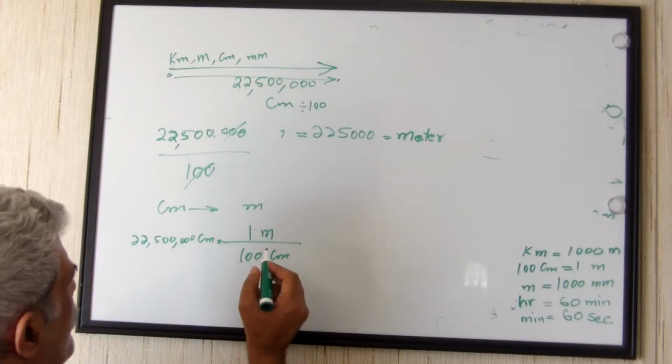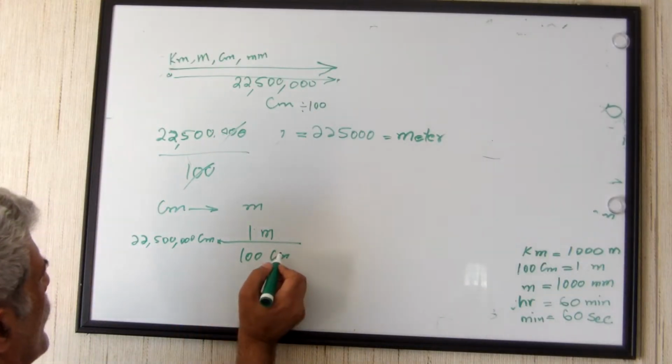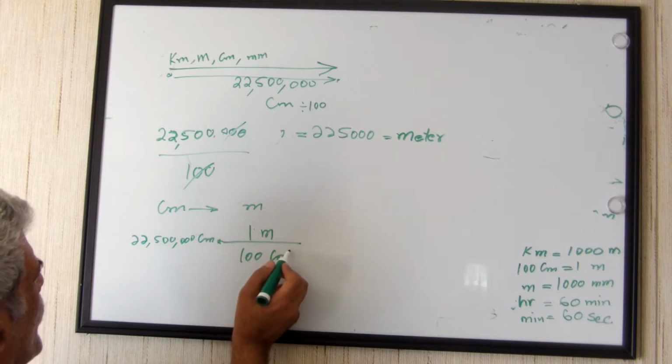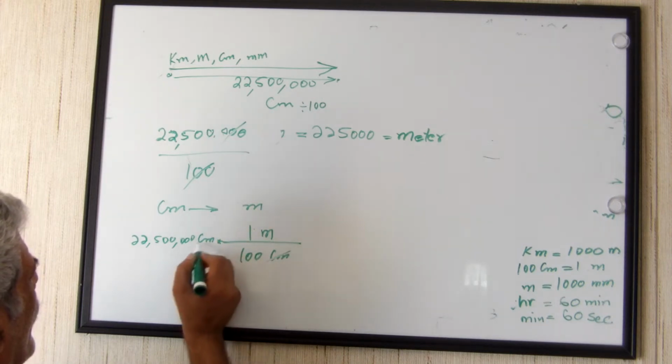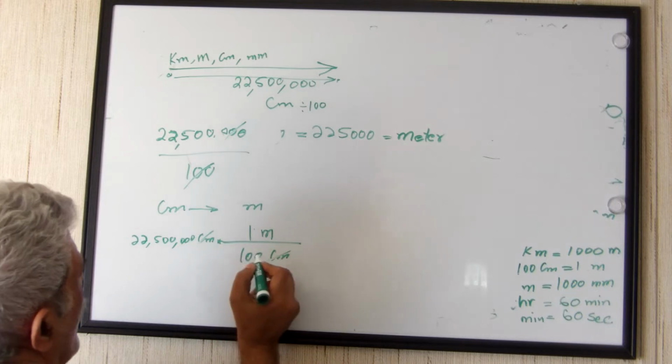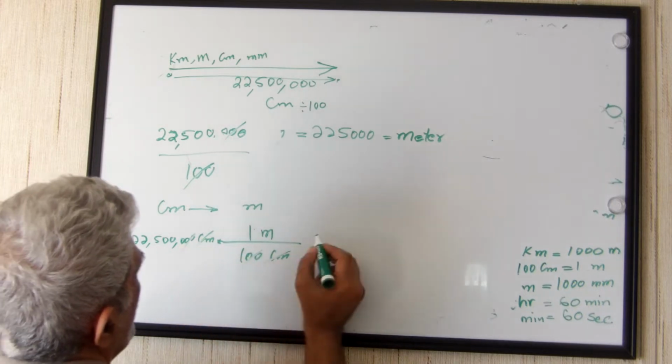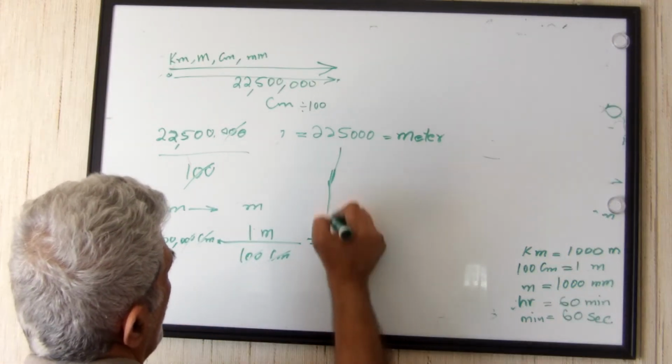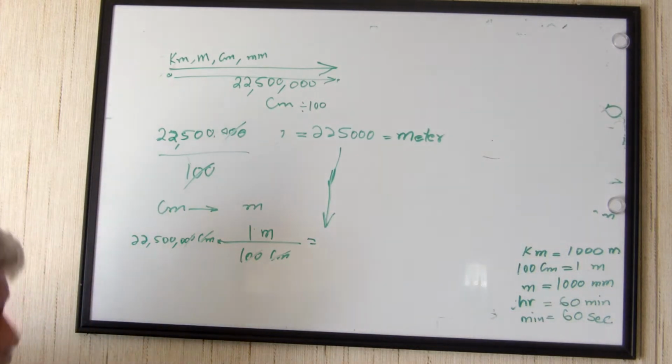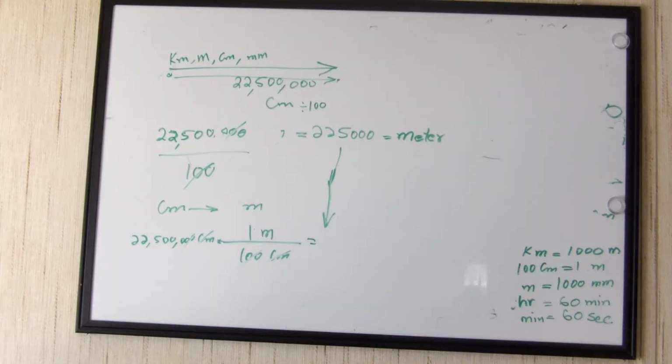So we are going to change it to meter, so it's going to be, this cancels out, and 20 with this 20 is going to be this.